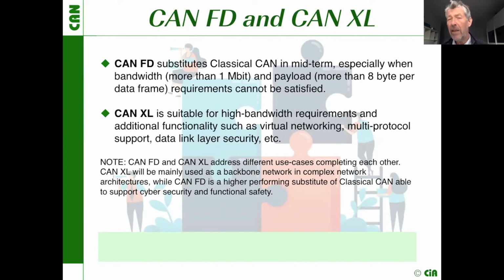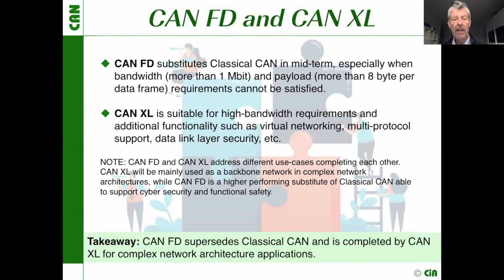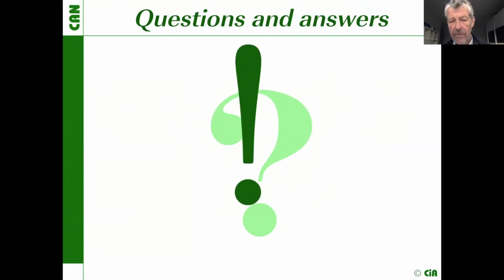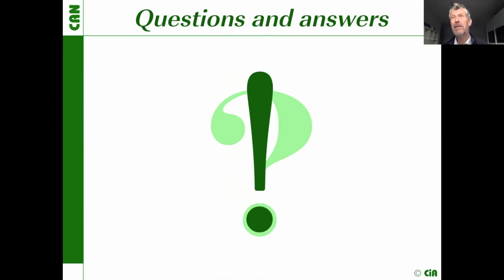And if you don't need that, I would try to solve my problems with CAN FD. So CAN FD supersedes classical CAN and is completed by CAN XL for complex network applications. So this is my presentation in brief on the next generation of CAN data link layer protocols, and I'm open to your questions. Thank you for listening.